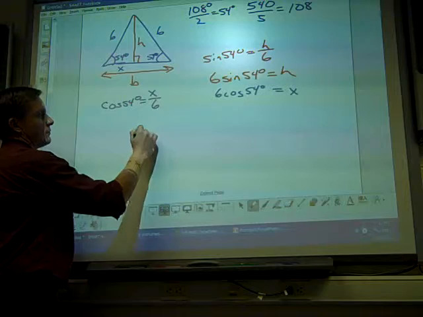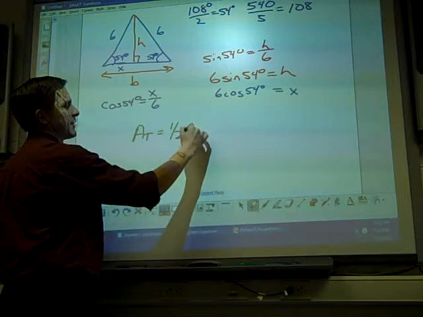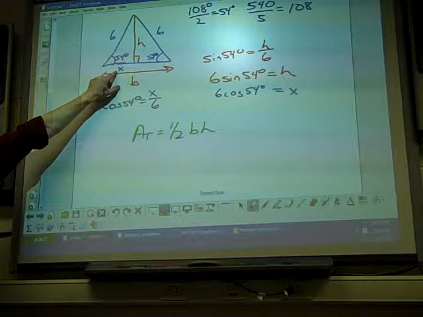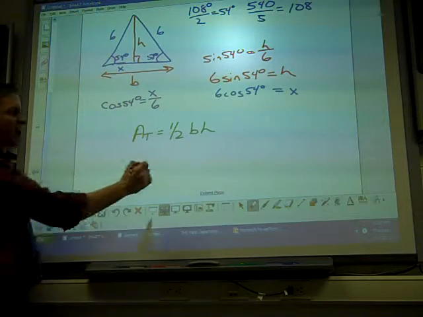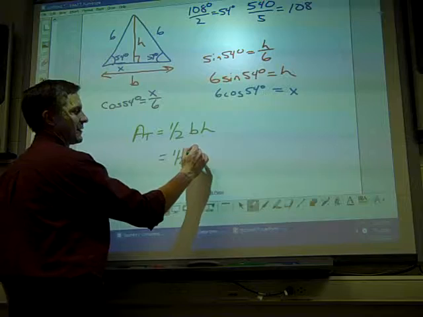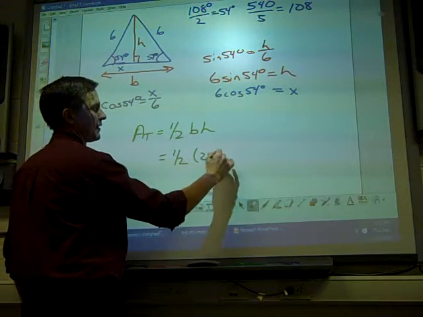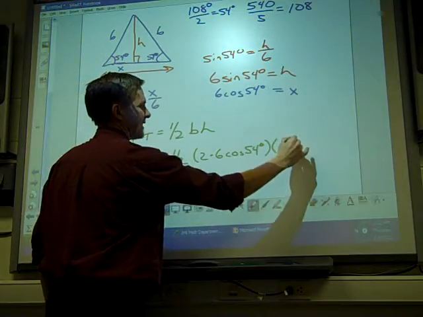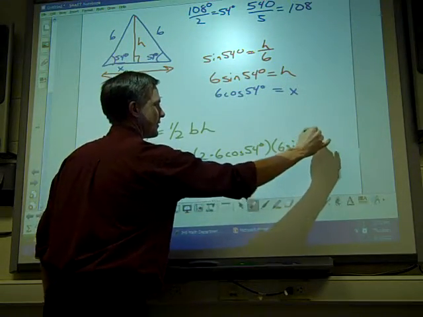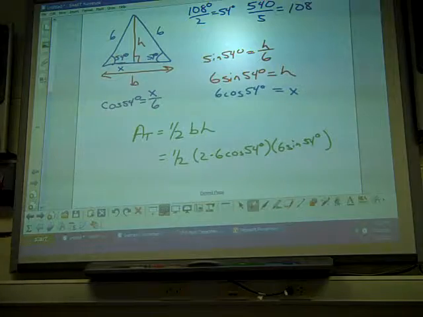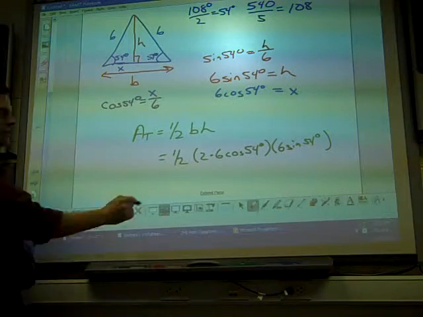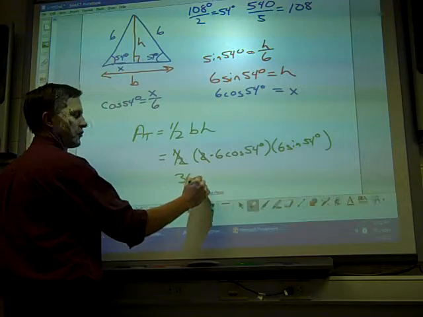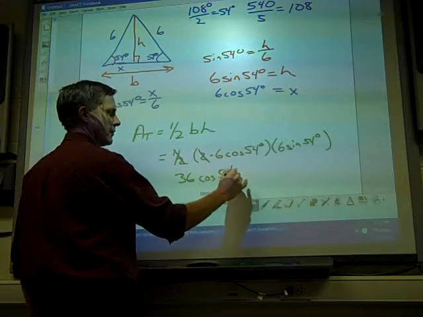Area of a triangle is 1/2 base times height. 2x will be the same as b, x plus x. I'll write it out, but we don't have to do any math at this point. And the height is sine 54 degrees. If we do the math, 6 times 6, 36, cosine 54, sine 54.